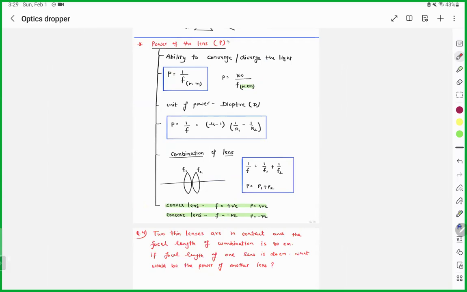Question number 4. And make it fast. This is very easy.